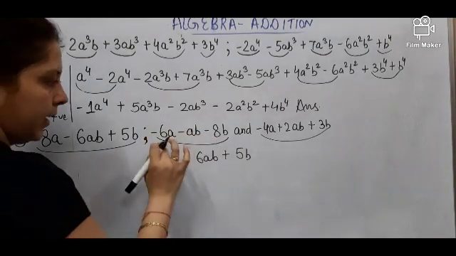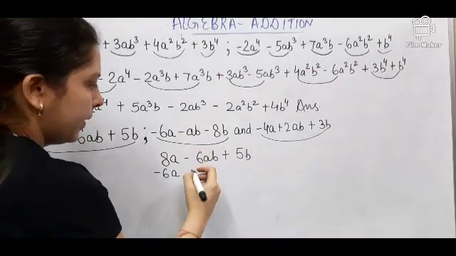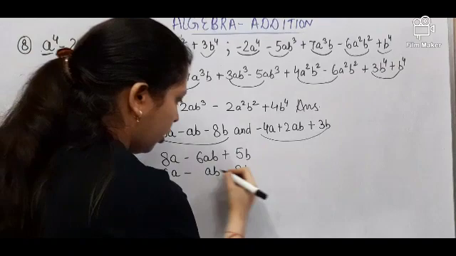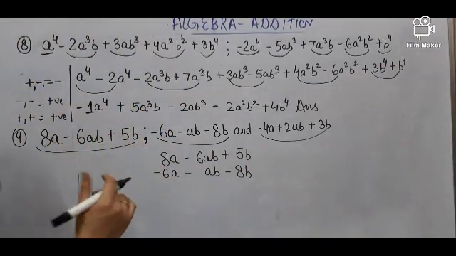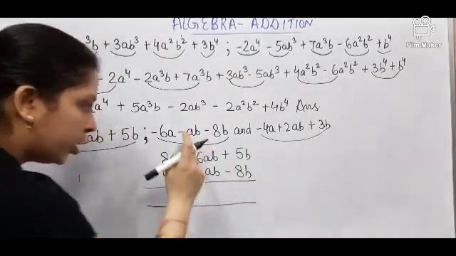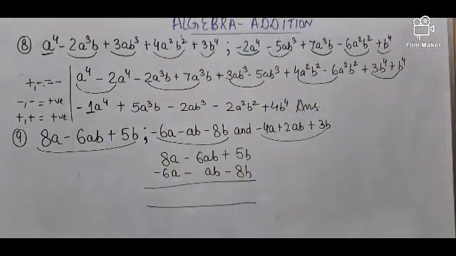In the second term, we have minus 6a, so we write it here, then minus ab, then minus 8b. As we have 3 terms, we first perform addition between 2 terms, and the result will be added to the third term.